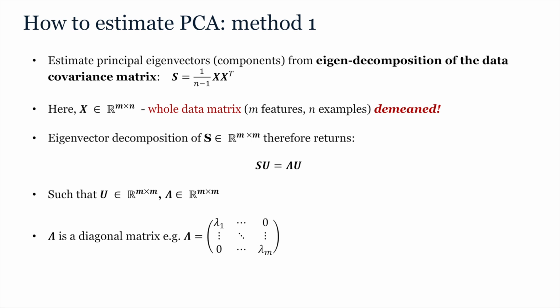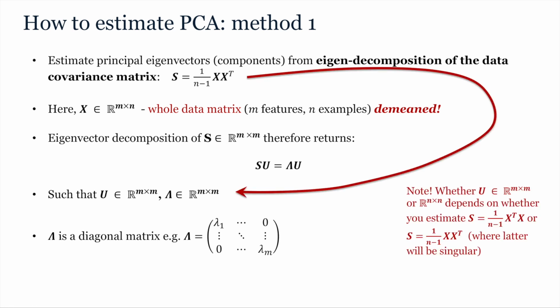This we demonstrated in the previous video for 2x2 matrices, but now at high dimensions we're expecting you to perform this using NumPy. This will then return an orthogonal matrix of eigenvectors U and diagonal matrix lambda, which contains the eigenvalues.